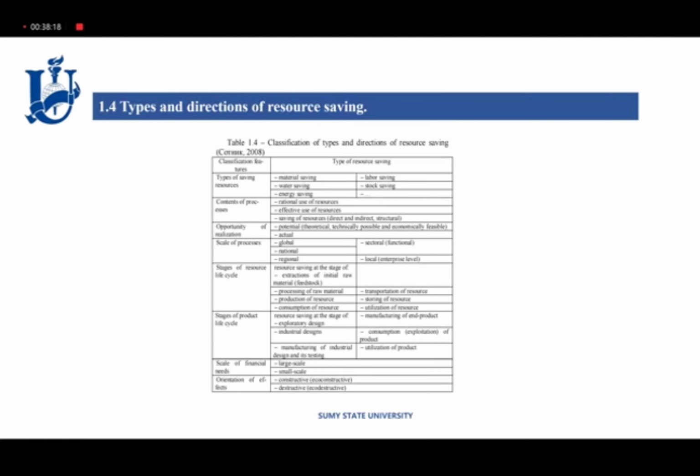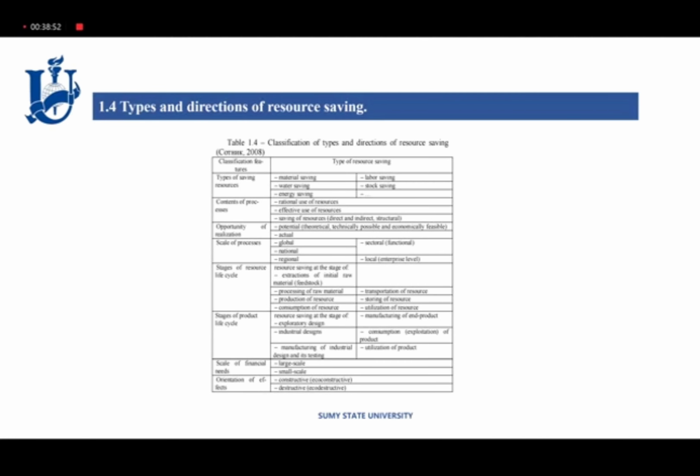By content of process, there are rational use and effective use of resources, direct and indirect structure. By opportunity of realization, there is potential and actual. Potential is theoretical, technologically possible, and economically feasible. By scale of process: global, national, regional, sectoral, functional, local, and enterprise level.